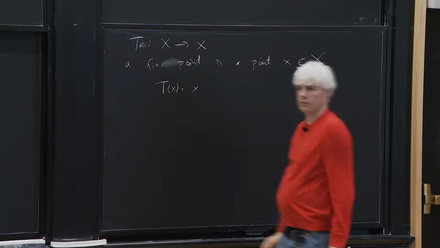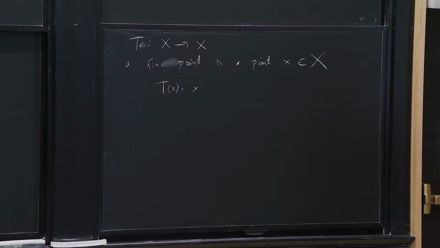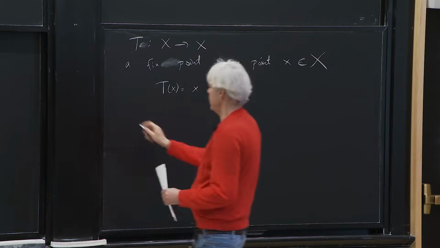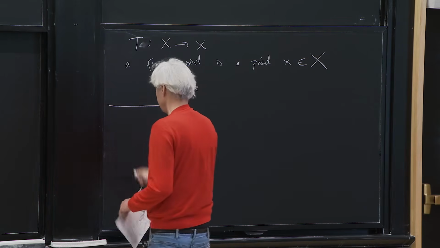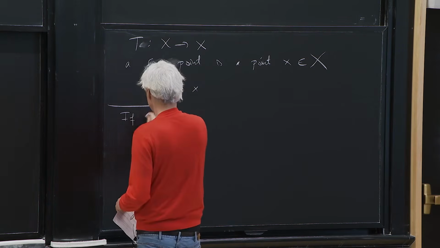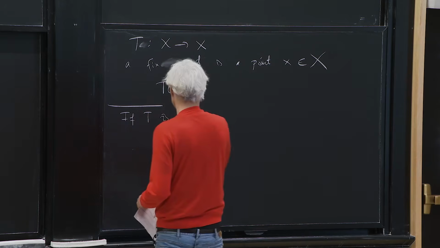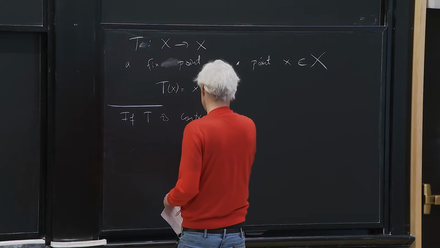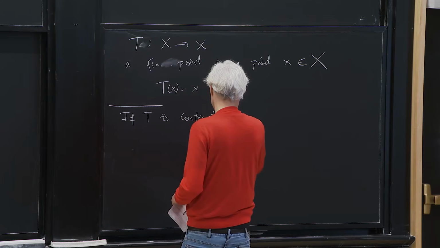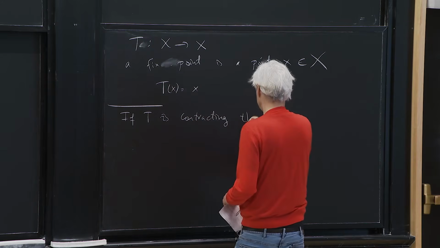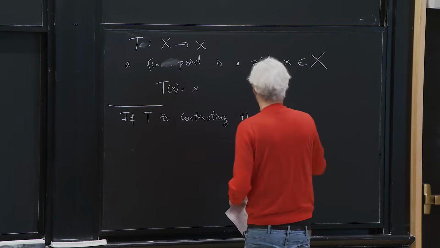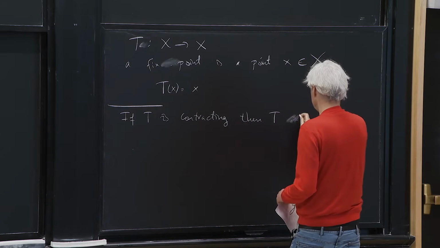That's a fixed point, right? Okay, and now if you have a contracting map, if T here is contracting, then T can have at most one fixed point.